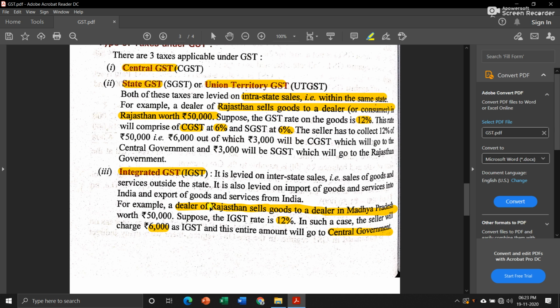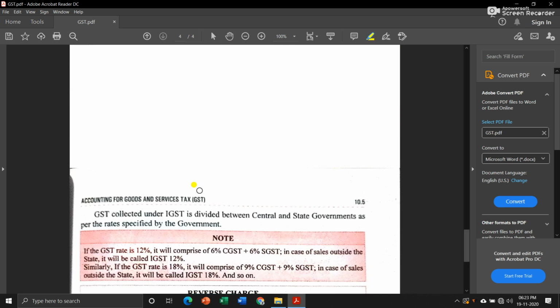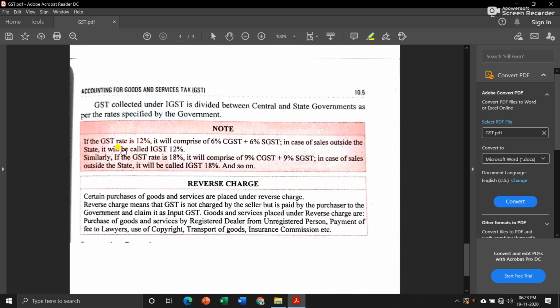But if the sale is taking place in two different states, means if the seller is in one state and the buyer is in another state, then at that time the whole amount of GST, that is 12% in this example, will be taken by the central government, and that is known as integrated, means combined all together.